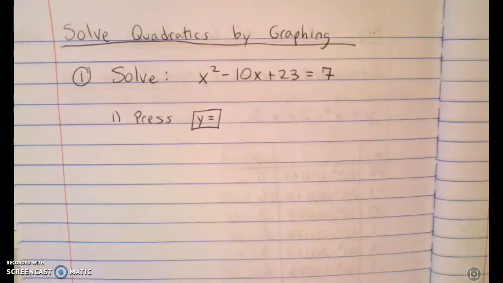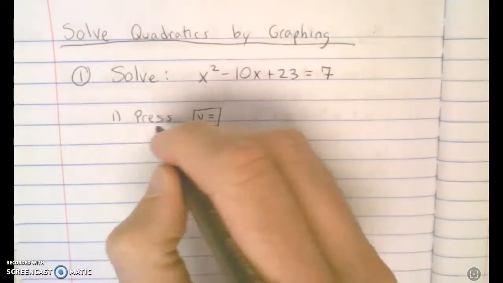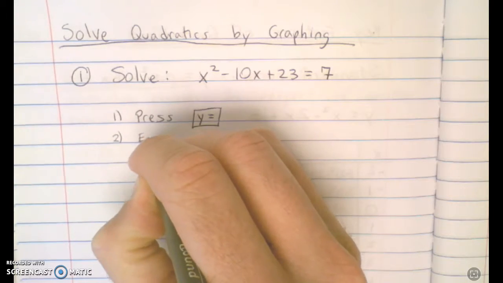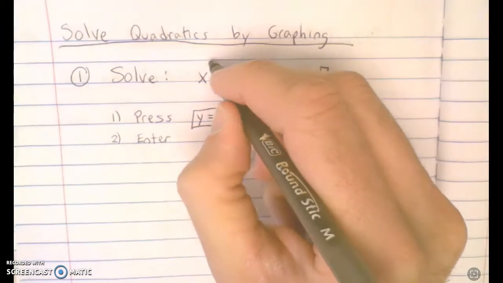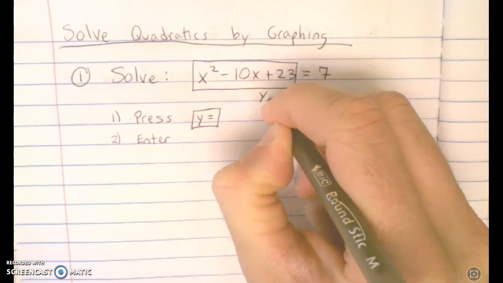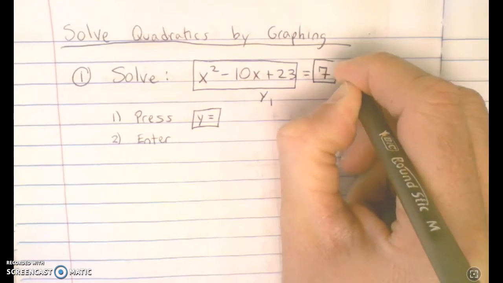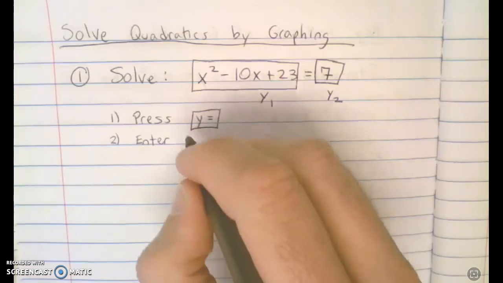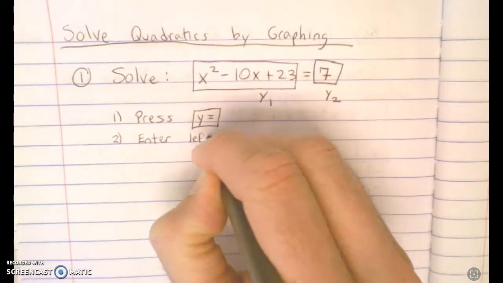Here's what we're going to do. After you press y equals, you're going to enter the left side of your equation into y1 and the right side of your equation into y2.